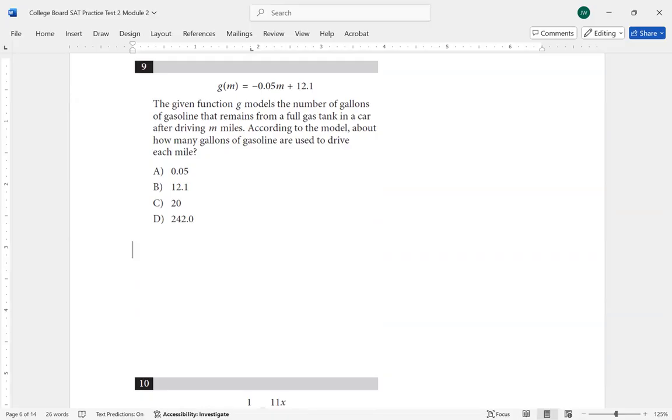So basically what this is asking is how many gallons are used in a mile's worth of driving. Notice that as you increase m by 1, let's say we go from 0 to 1, then the number of gallons in the tank is going to go down by 0.05. And therefore, that means you use 0.05 gallons per mile.